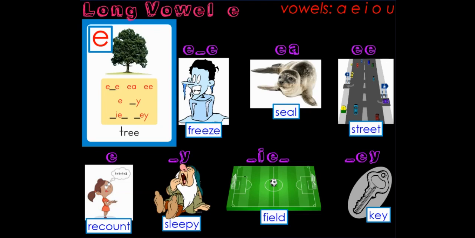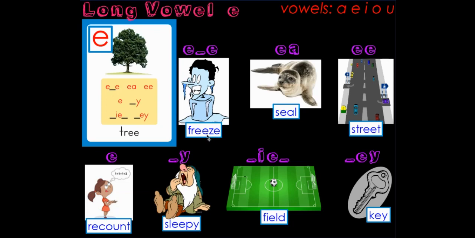Let's start with the letter pattern E, consonant E. Let's take a look at this picture of this man, and he is freezing. When water turns to ice, the water will freeze. So our word is freeze.